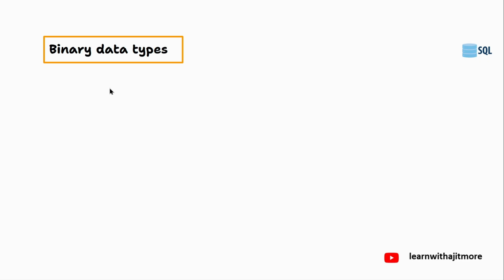And then comes binary data type, which is actually a specialized category. Those who are working in data analysis and data engineering will seldom need this binary data. Rarely लगेगा ये. But कुछ specialized category, like if you're working in ML and all. So when you have thousands of images and you want to dump those images in the database, that time usually we need it.